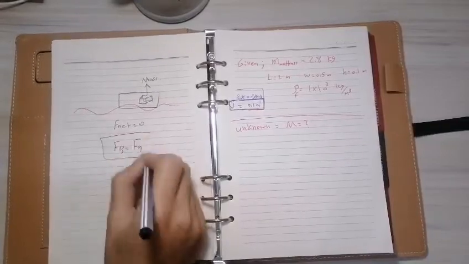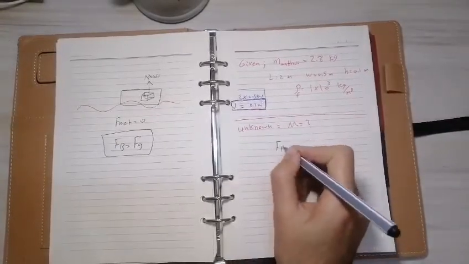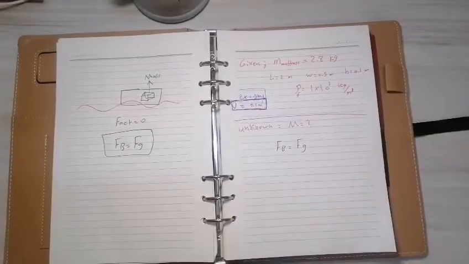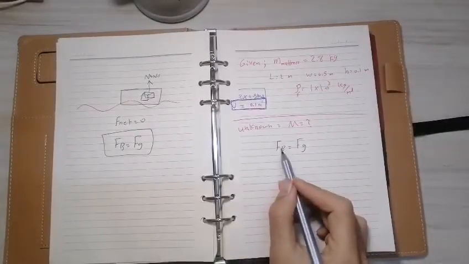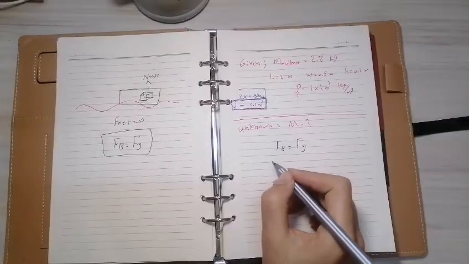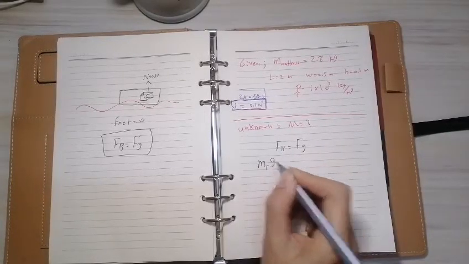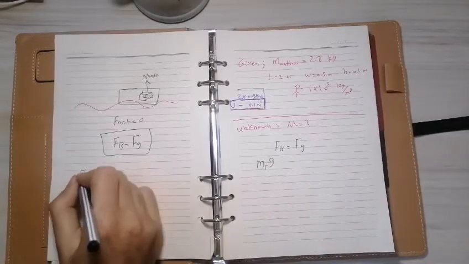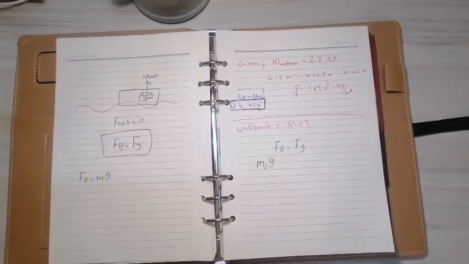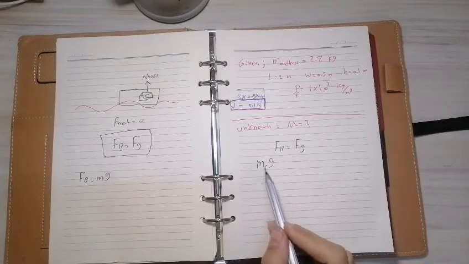And this is the equation that I will use in this question. So let me write down the equation here. Fb equals Fg. All right, so usually buoyant force is exerted by the fluid. So that means this information that I have is for the fluid. So this will be mass of the fluid multiplied by g. This is the equation for Fb: Fb equals mg, mass multiplied by gravitational constant. This mass, I'll use mf, the mass of the fluid.